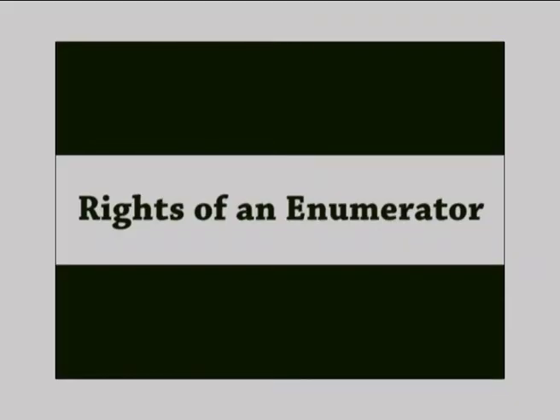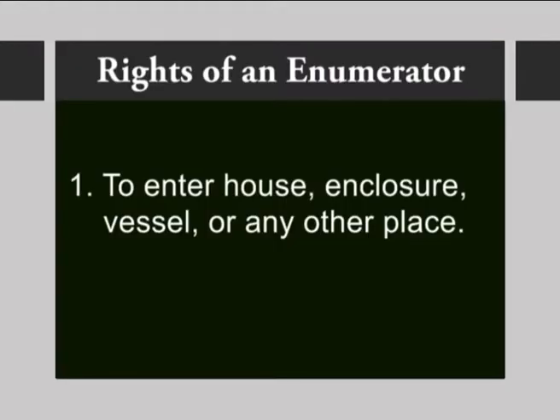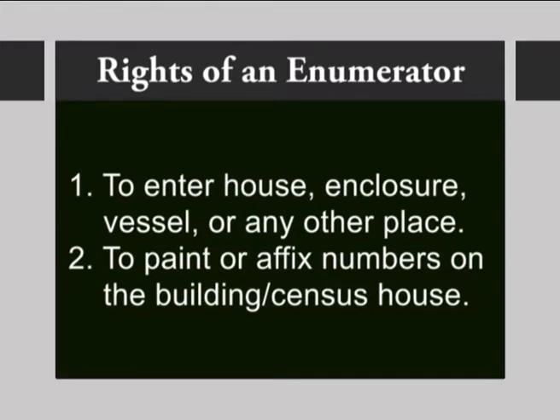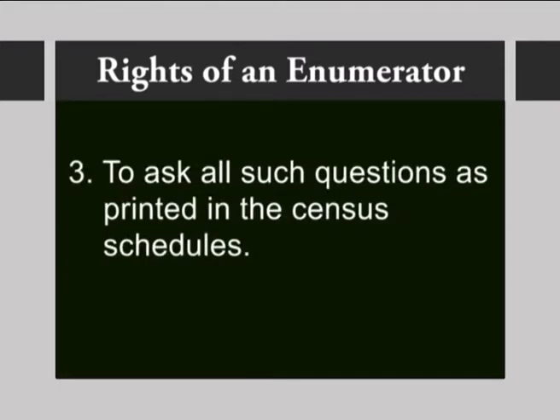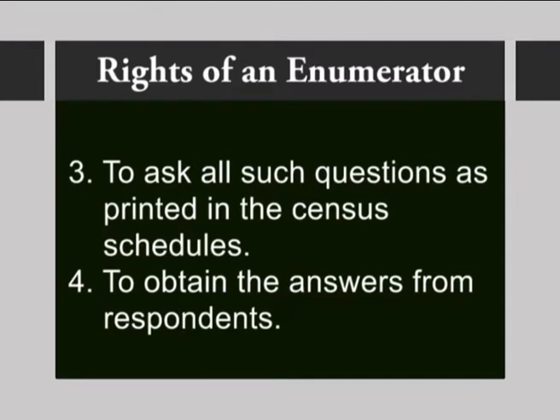Now, the rights of an enumerator. The rights of the enumerator are: number 1, to enter house, enclosure, vessel or any other place, to paint or affix numbers on the building or census house, to ask all such questions as printed in the census schedules, to obtain the answers from respondents.